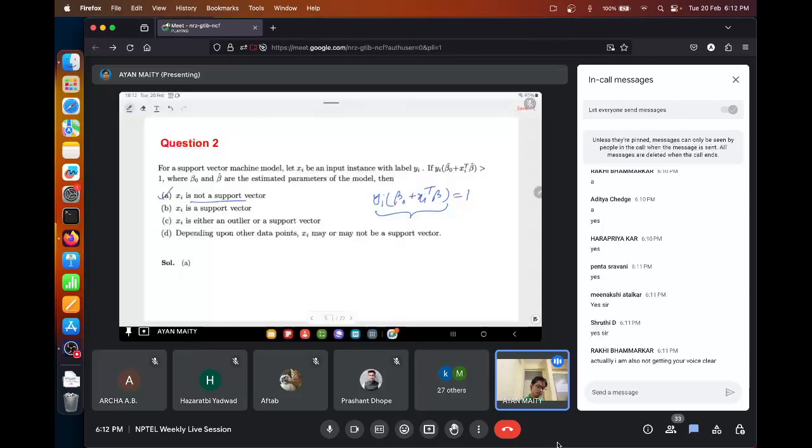If this quantity is 1, then the point is a support vector. If this functional margin value is greater than 1, then the point is not a support vector. So this is the basic condition to check whether.